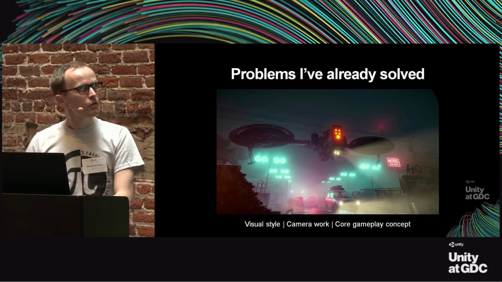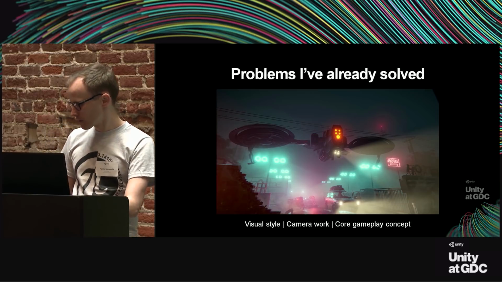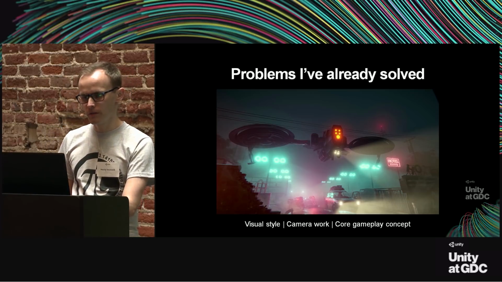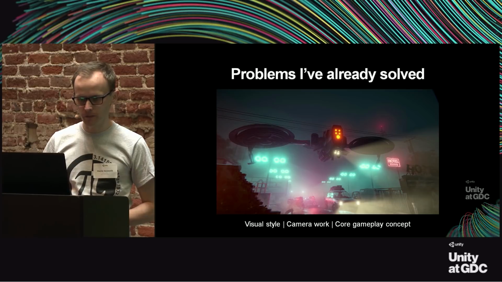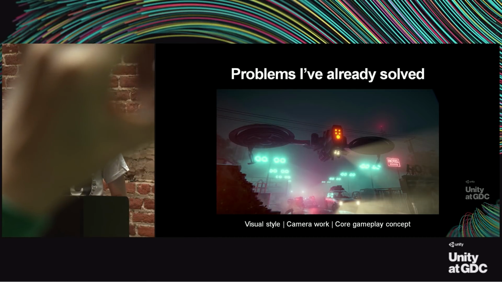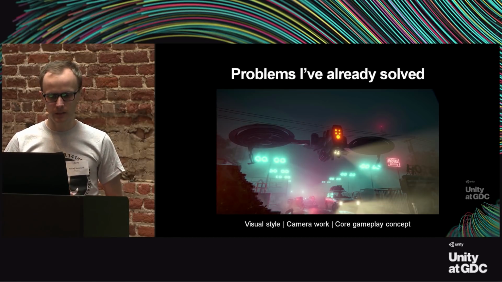I've managed to solve a few design challenges or design problems during or after the prototype, or maybe even during the time I was working on it. First of all, I think I found the visual style for the game, which is extremely important for me.